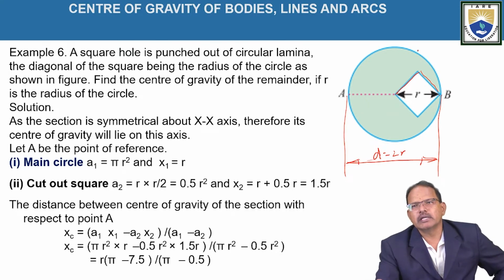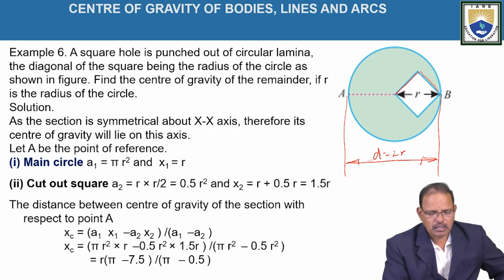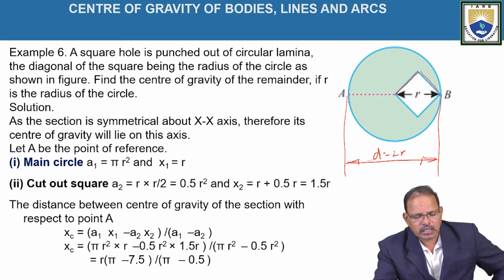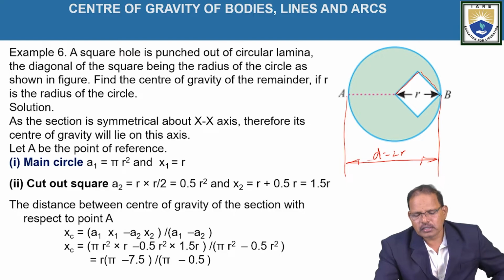The area of the main circle, assume A1, is equal to pi r square, and x1 is equal to r. Here, as the section is symmetrical about the x-axis, the center of gravity lies on this line, as shown in the figure now.